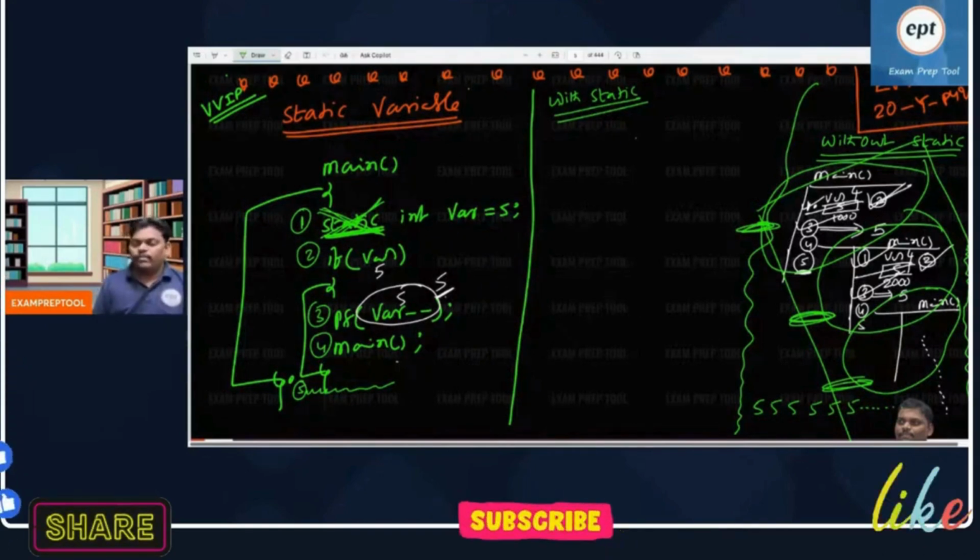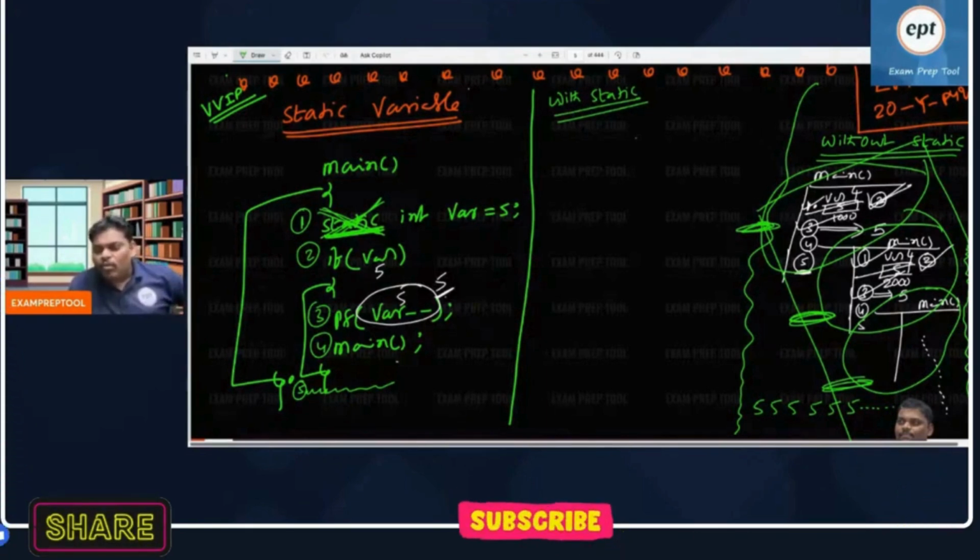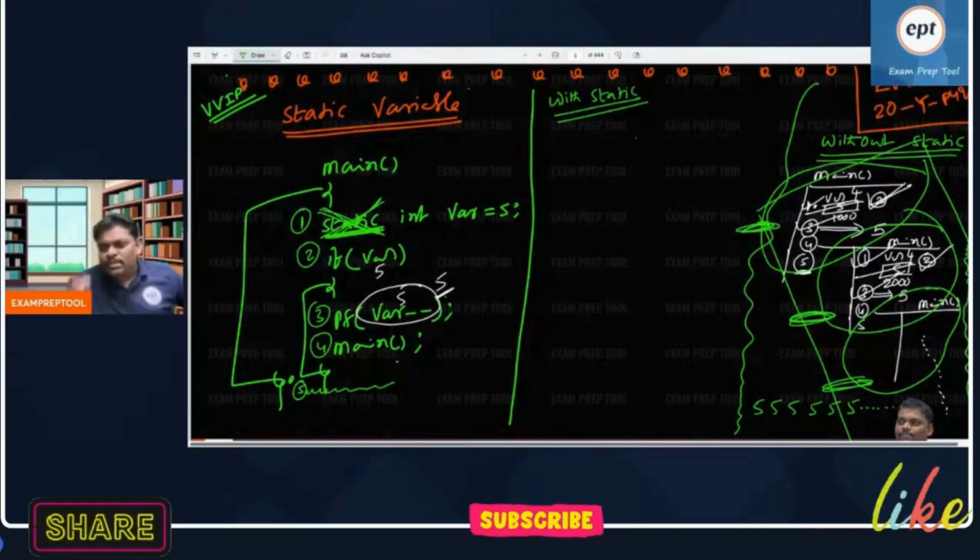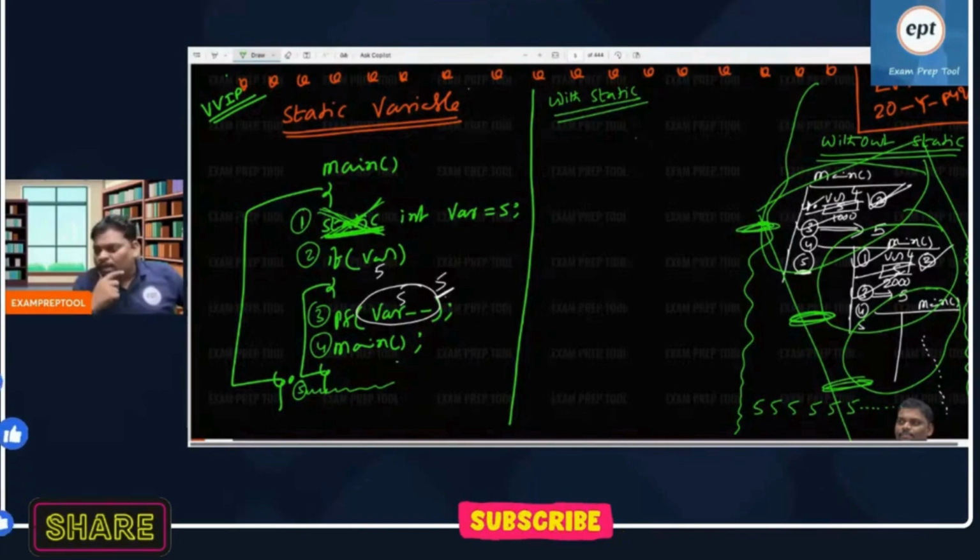Unfortunately, the stack is over. Some students are thinking, sir, the error message Stack Overflow means the Stack Overflow website. Stack Overflow is a website, but this Stack Overflow is an error message. One student in one of my classes asked, you are saying Stack Overflow, is it the Stack Overflow website?